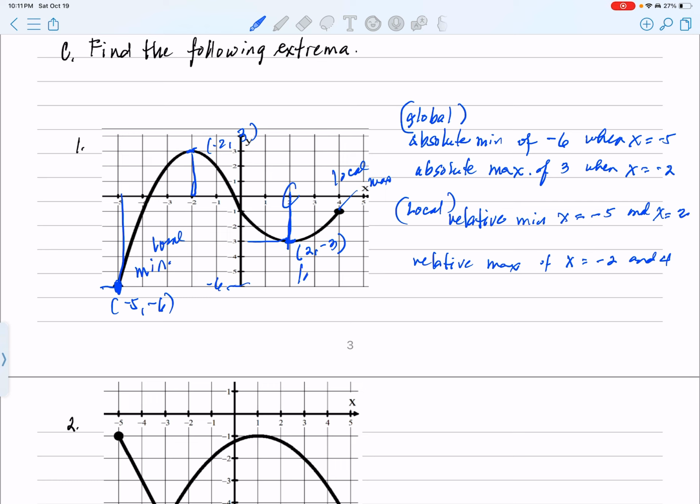Do we have an absolute minimum when x is at a certain point? I think it's none. Absolute minimum, but we have an absolute maximum.